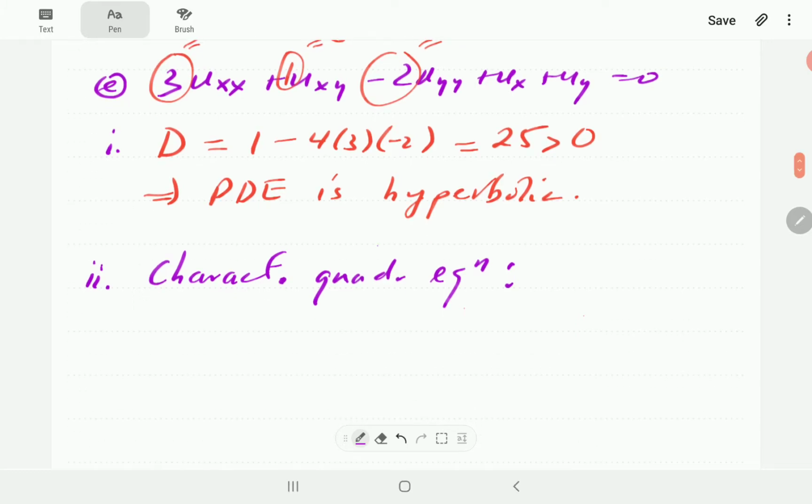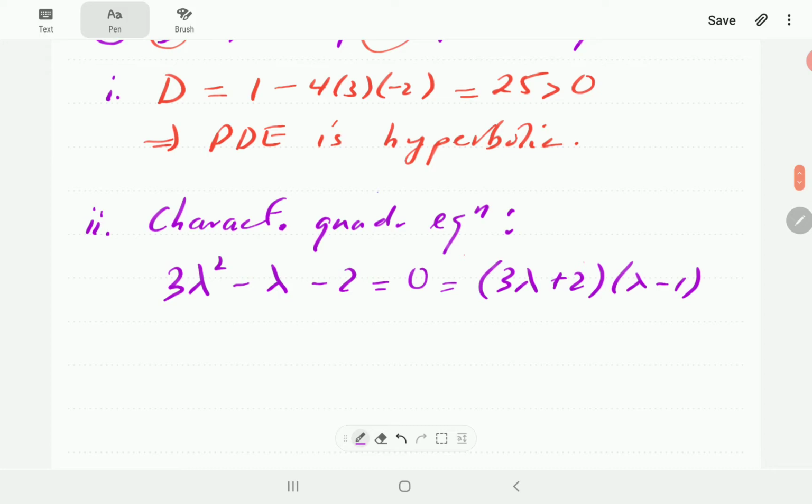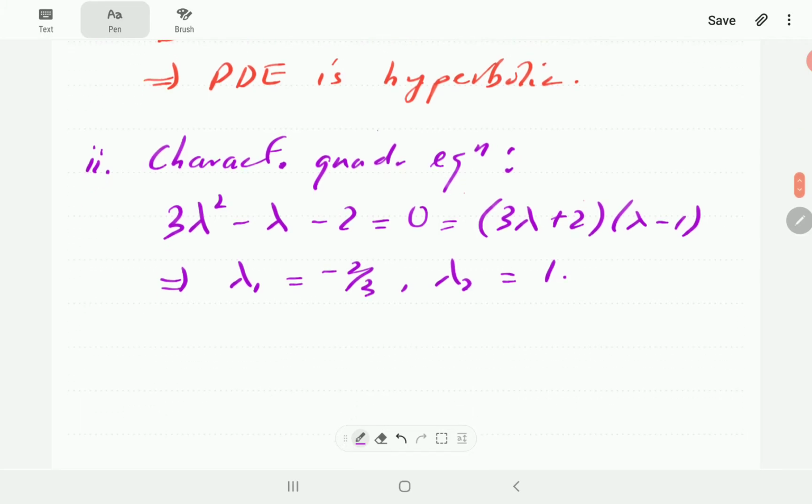So in this case, it's going to be 3 lambda squared minus lambda minus 2 is equal to 0. Solving this gives us (3 lambda plus 2)(lambda minus 1). So this is telling us that lambda 1 is negative 2/3 and lambda 2 is 1.